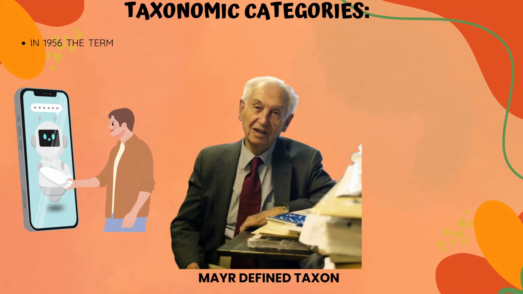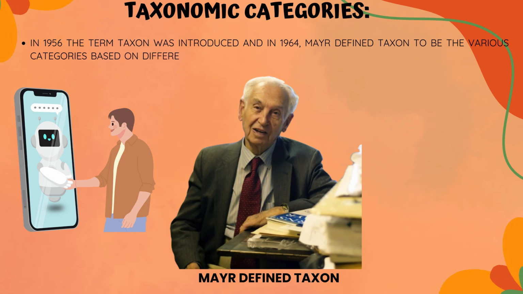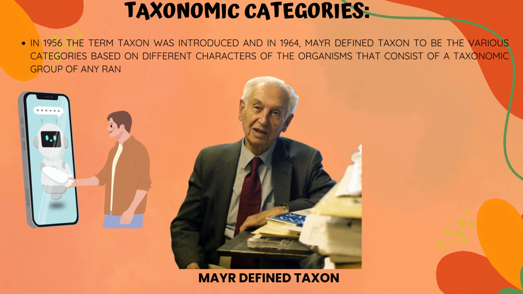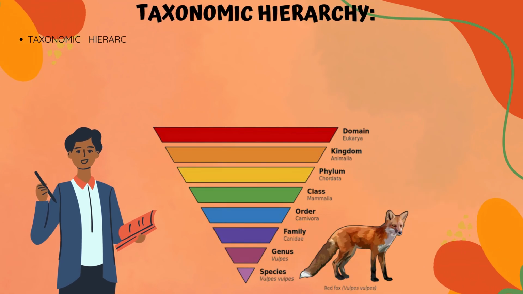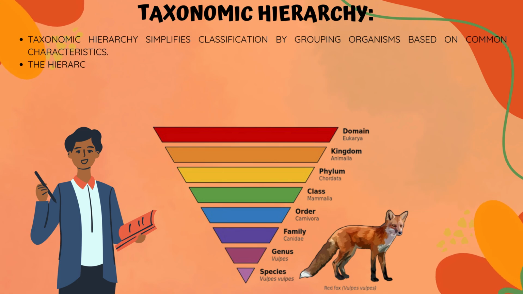Taxonomic categories. In 1956, the term taxon was introduced, and in 1964, Mayr defined taxon to be various categories based on the different characters of organisms that consist of a taxonomic group of any rank. Taxonomic hierarchy. Taxonomic hierarchy simplifies classification by grouping organisms based on common characteristics.